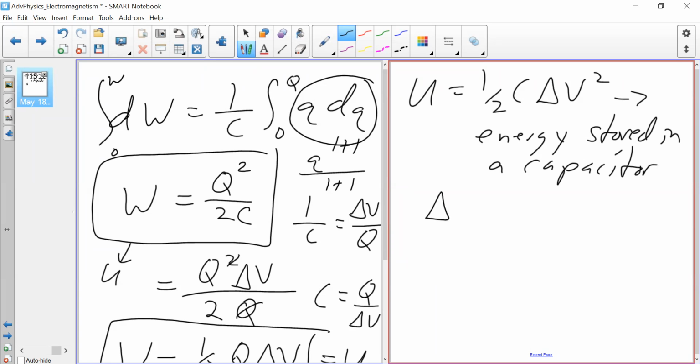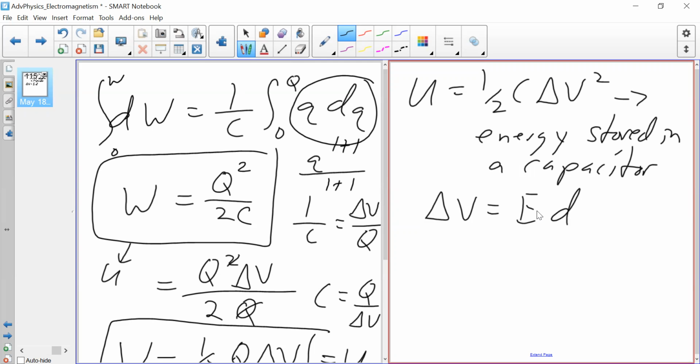We know that delta V is equal to electric field times distance. We're just going to express everything in terms of the electric field that's there, substituting expressions for voltage in terms of E times D, just rewriting it a different way.